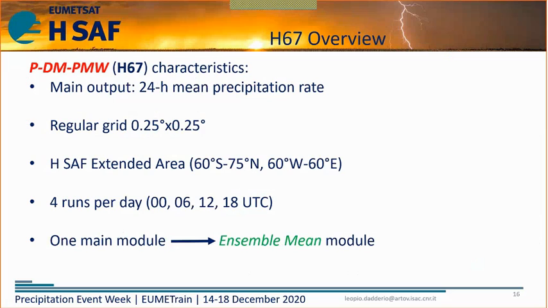It is always provided on the same H SAF extended area, and on the same 0.25 by 0.25 degree regular grid. It runs four times per day at 0, 6, 12, and 18 UTC, and it is based on one main module, the ensemble mean module.